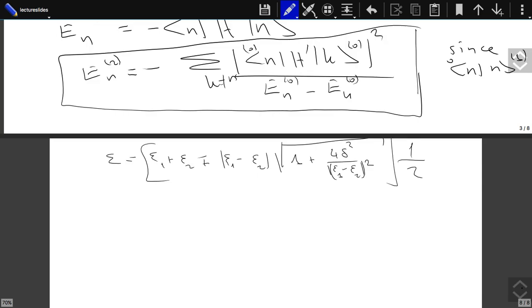So we know already that the energy eigenstates should be orthogonal, and we should be able to write them in terms of our unperturbed states. If you have just 2 states, any state has to be normalized. So the exact solutions should be written in this form.